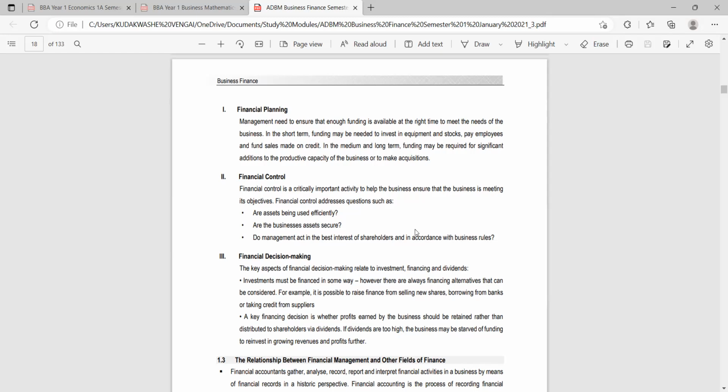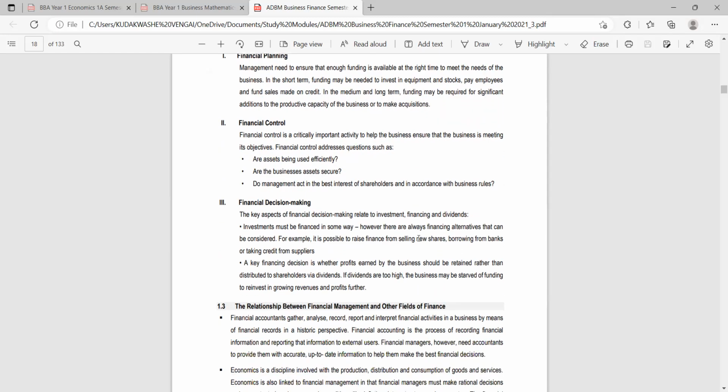Then the last one is financial decision making. There are three aspects in which we make decisions in finance: decisions about investment, decisions about financing, and decisions about dividends. So how do I make a particular decision? When I say investment decision making, let's assume that you are a car manufacturer.